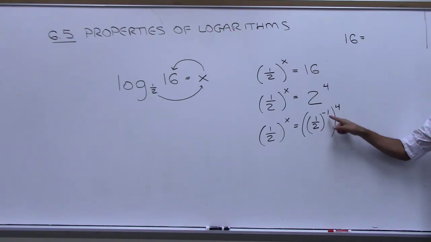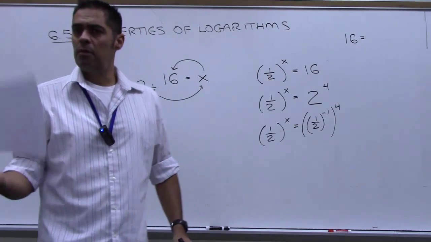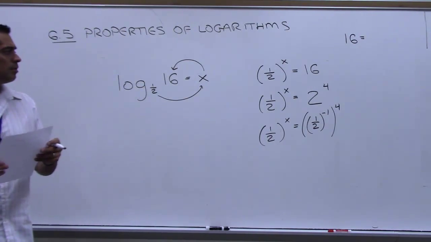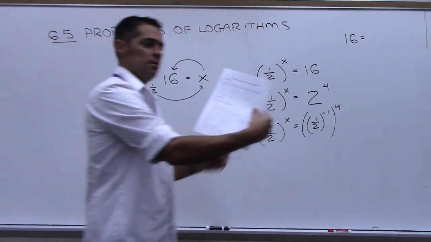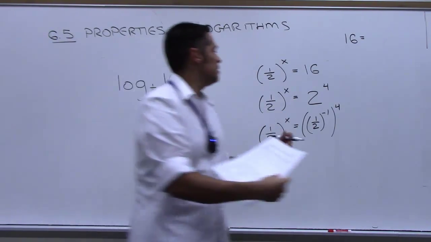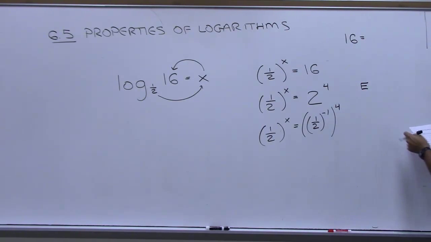And so when you have something to a power, actually I just handed you a set of formulas with a summary of all the different rules. This is in the exponent section. See the top section says exponents. I'm going to say here, this is exponent rule, which one? Is it in here? 2.